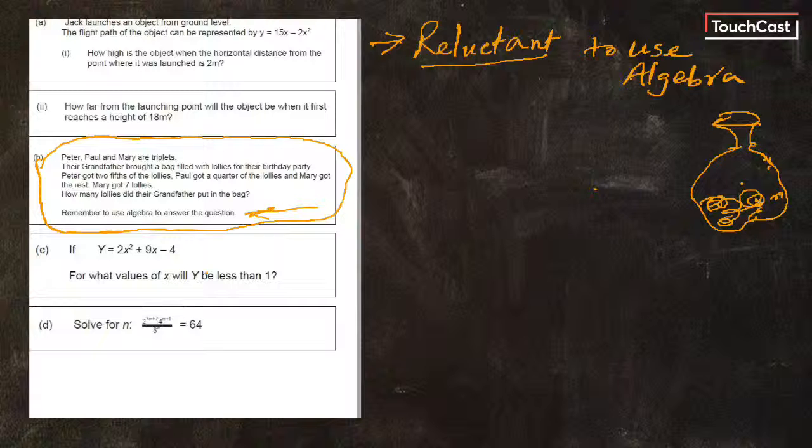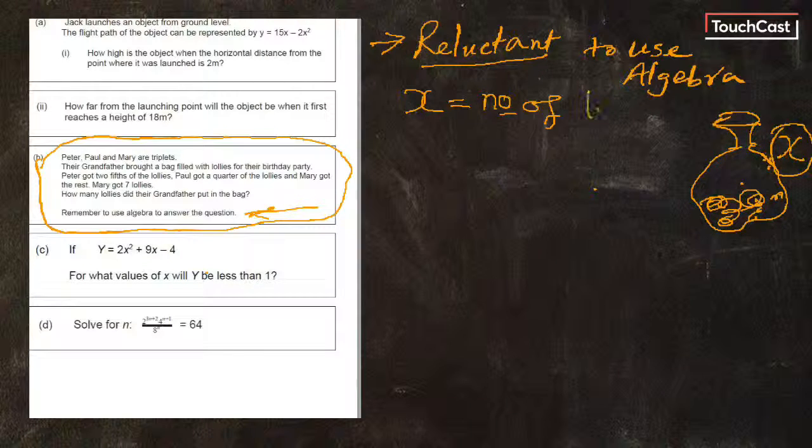So we call it X. It's an unknown, and so we just call it X and simply write X equals number of lollies, right? So that is important. You don't have to draw the picture.